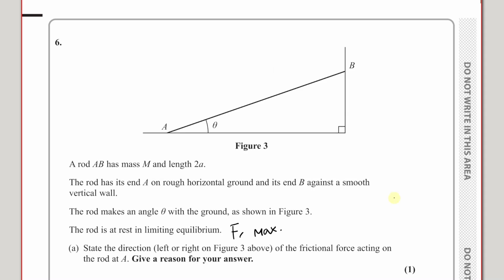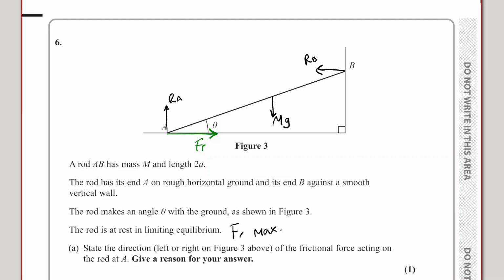So we've got the weight, which is mg. We have a normal reaction at B, a normal reaction at A, and a friction force. The friction force has to be acting in this direction, to the right, in order for these forces to be balanced.